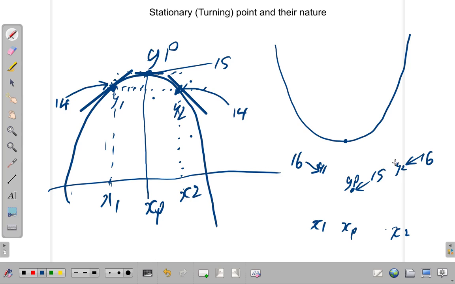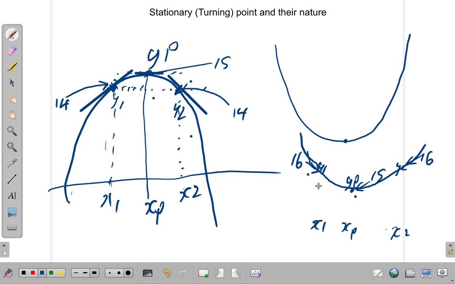Those two values are higher than yp. So it means it looks as if you're having a minimum point there. Alright? What you have is a minimum point.